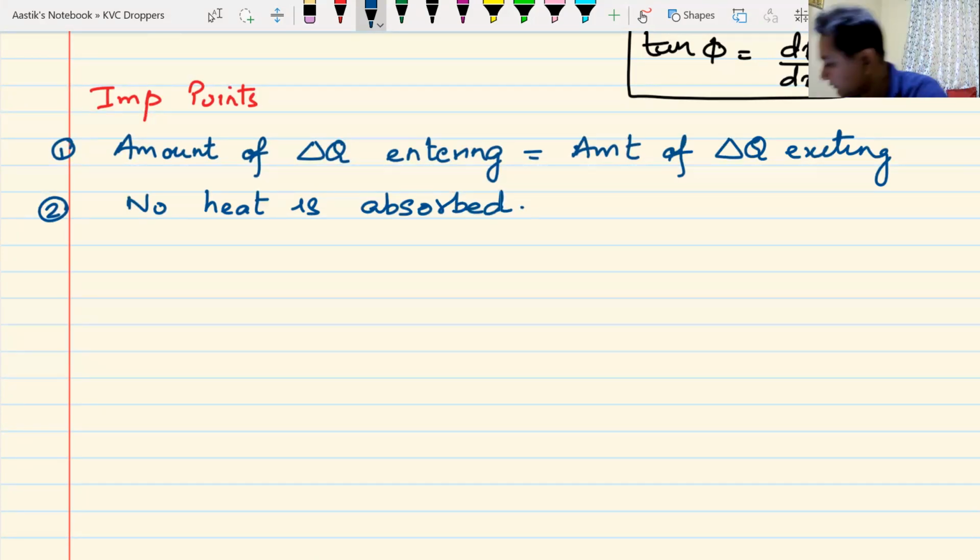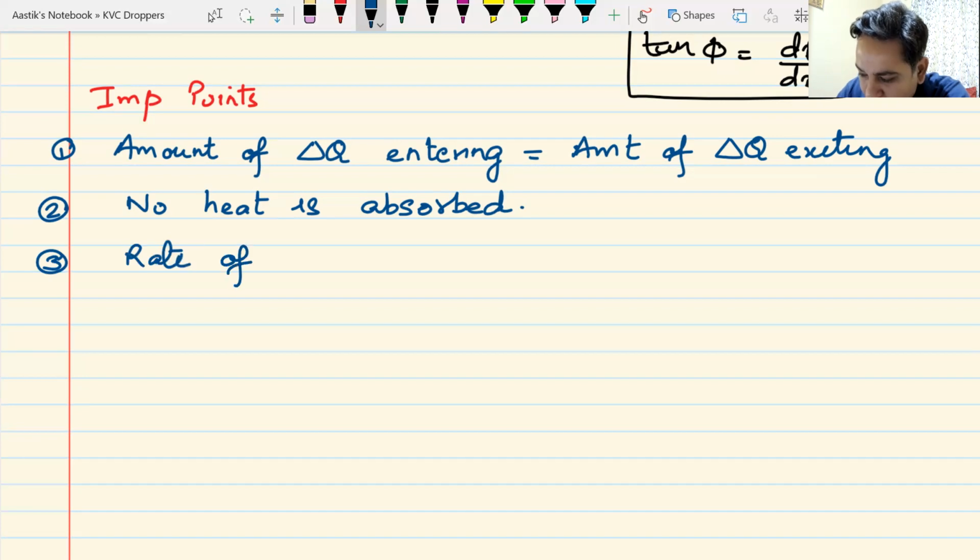Now, what we are going to do is try to understand these things in different ways. No amount of heat is absorbed. Whatever heat is leaving, the same heat reaches the other section, or I can say the rate of heat flow is constant. Do we understand this?